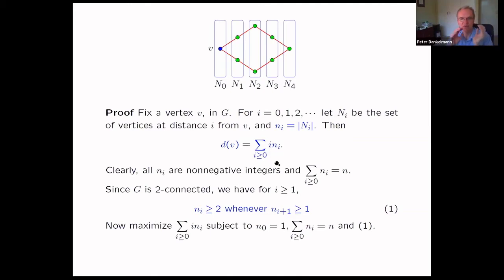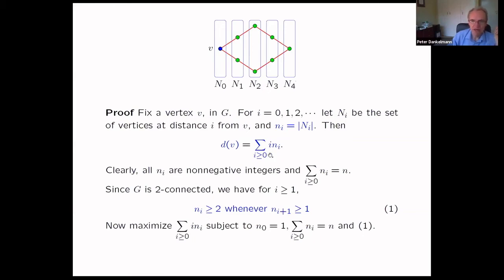And I've just argued that because my graph is 2-connected, each of these ni must contain at least 2 vertices. So each of these little ni must be at least 2, with possible exception of the last one and the first one as well.